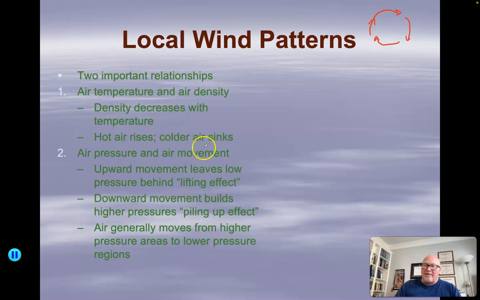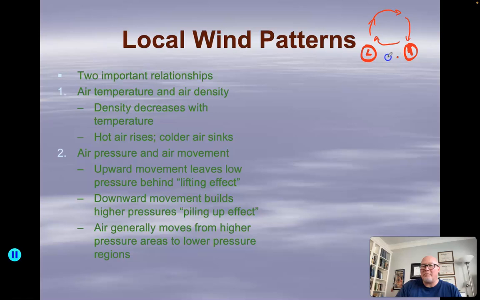This also has an effect on air pressure. Okay, when the hot air is rising, this creates what's referred to as a low air pressure. When cold air falls, this creates an area of high pressure. Wind, like everything else, is going to move from an area of high concentration to low concentration.